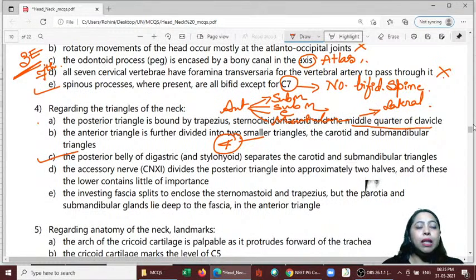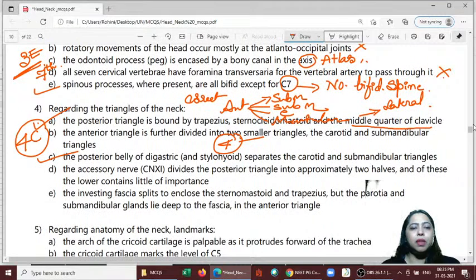So I feel this is the right statement. 4C is the correct statement. The accessory nerve divides the posterior triangle into two halves. No, this is not correct. The investing layer of deep cervical fascia actually splits to enclose the sternocleidomastoid and trapezius.